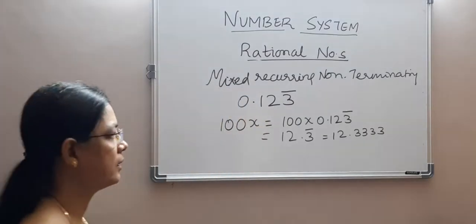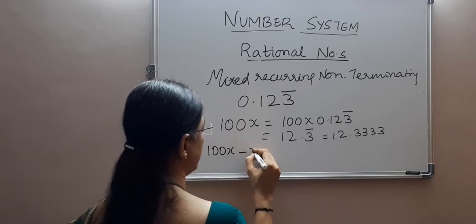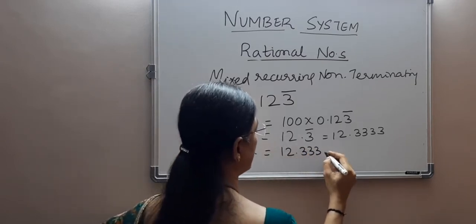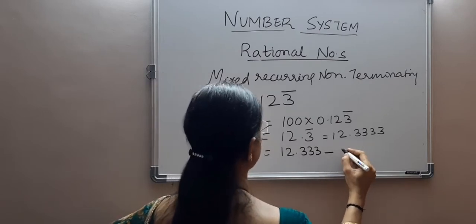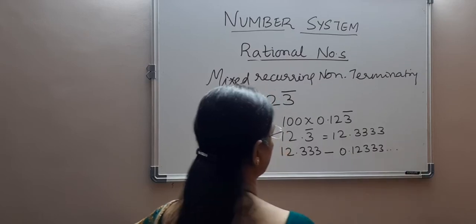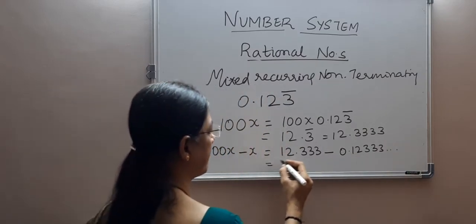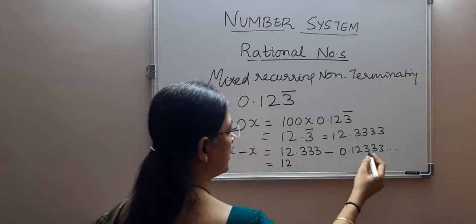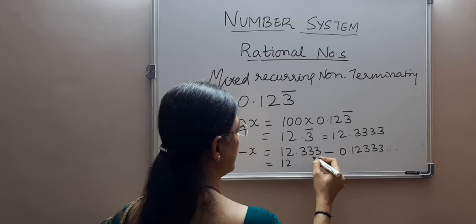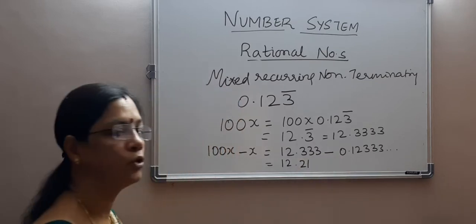Okay, do you understand? Now I subtract 100x minus x. Here 12.333 minus x is 0.1233. Okay, so if I subtract this, I'll be getting 12.21.